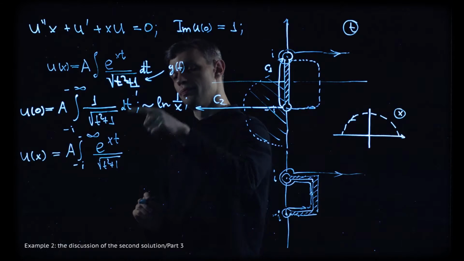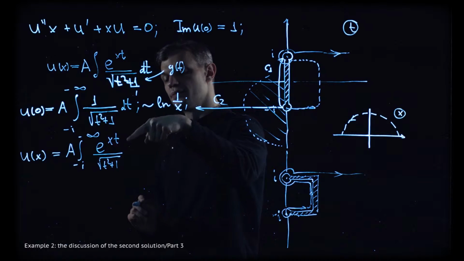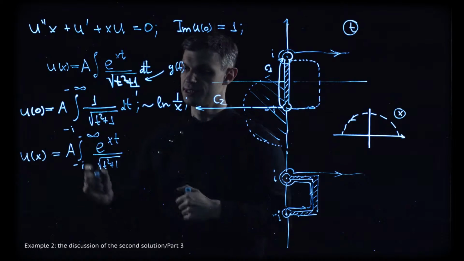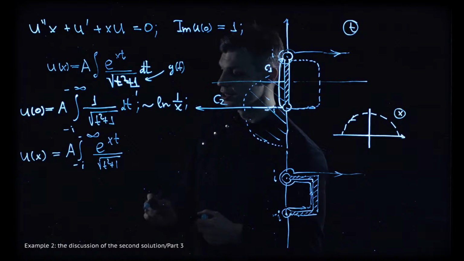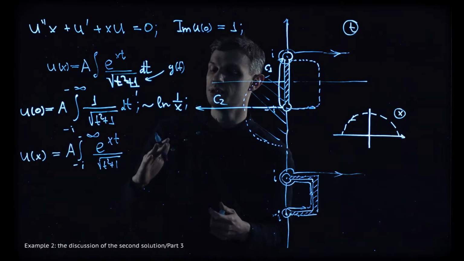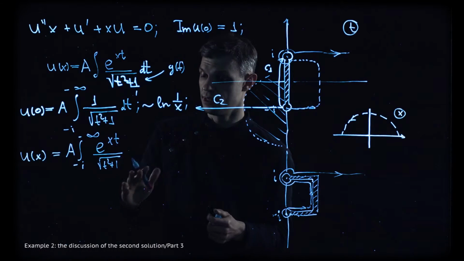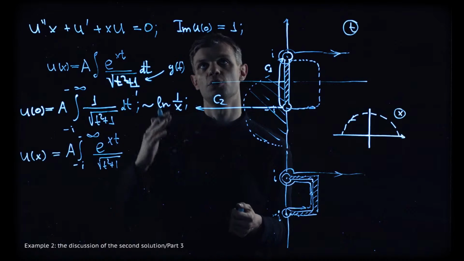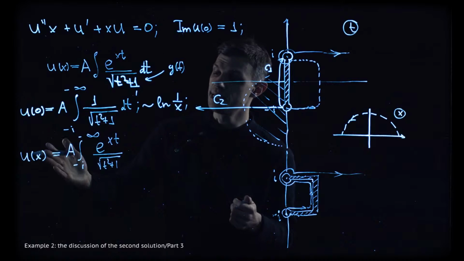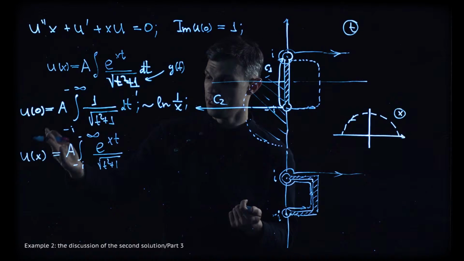As we discussed before, the problem comes from this 1 over t behavior of the g function, this additional pre-exponential function. If, for example, this function would decay much faster, like 1 over t squared, or even 1 over t to the 3/2, then we would get a finite answer at x equal to 0.